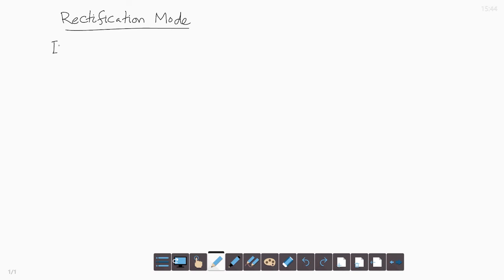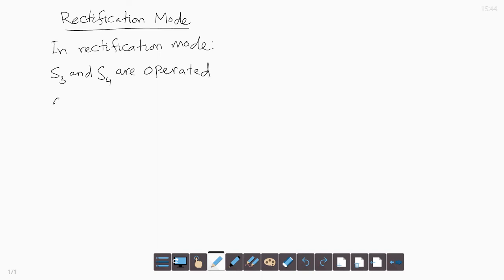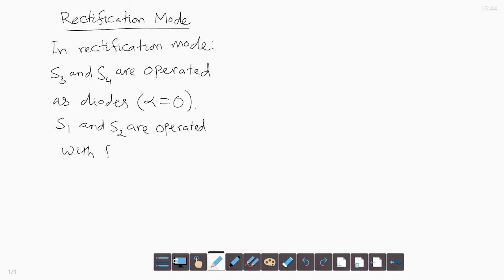First we will discuss the rectification mode. In the rectification mode, switches S3 and S4 are operated as diodes, that means their alpha is 0. S1 and S2 are operated with firing delay angle alpha, where alpha is between 0 to 90 degrees, pi by 2.